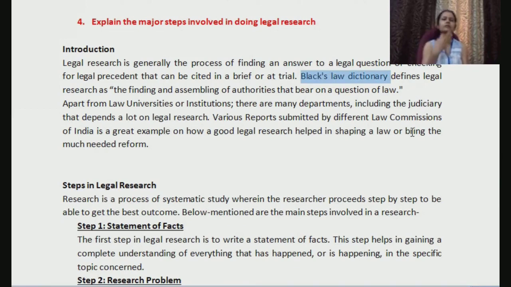They also do studies on different matters. They may say the law relating to the criminal justice system in India is not proper, maybe we need to provide more severe punishments to people who are committing crime, right?